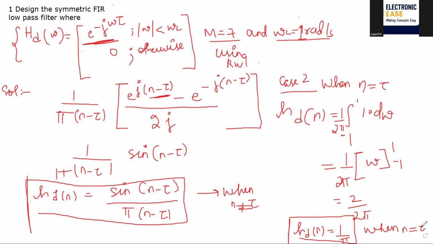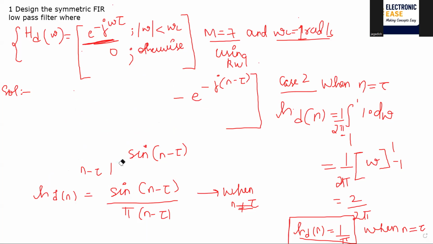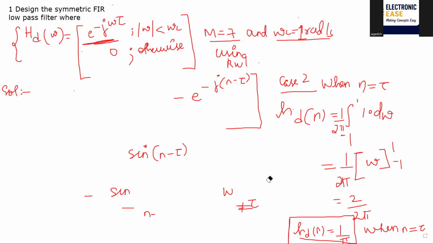So HD of n is equal to 1 divided by pi whenever n is equal to tau. Now we need to find the tau value, children. Step number 3, after finding both, is to find the tau value.